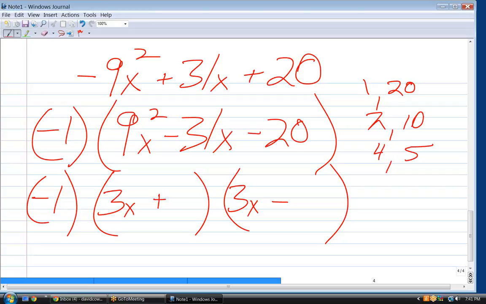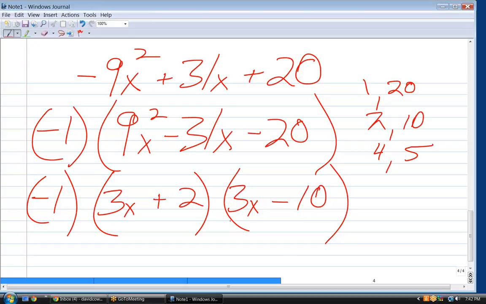Yeah. So, clearly if I put 1 and 20, the 20 times the 3x is 60. We're never going to get to 31. So, we're not going to try that one. Let's try 2 and 10. Well, that gives us minus 30x, but then plus 6x.